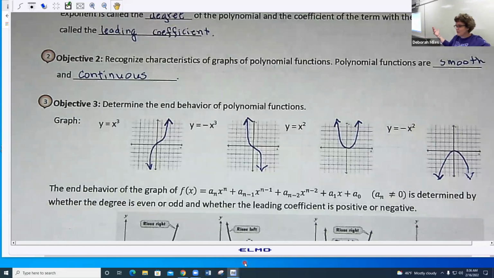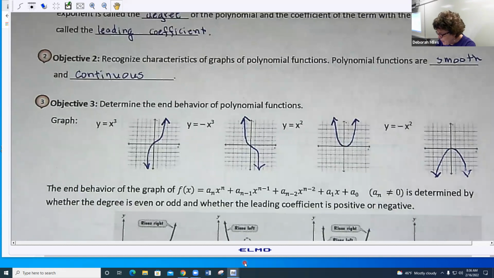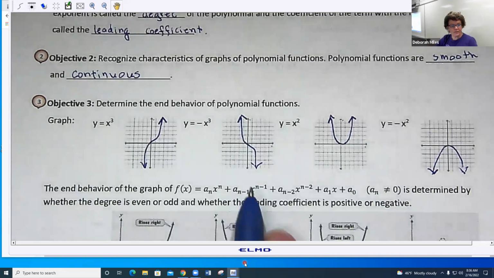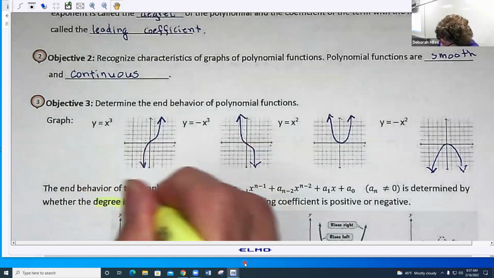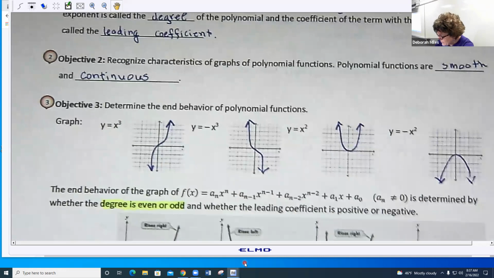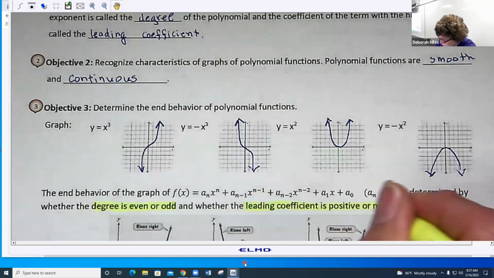That's the only thing you can do with the ends of your extremities, and that's the only four things that can happen with polynomial functions on the end. And it turns out that which of those four things is going on is determined by whether the degree of the polynomial is even or odd, and whether the leading coefficient is positive or negative.